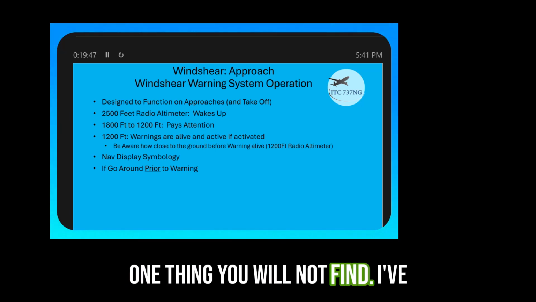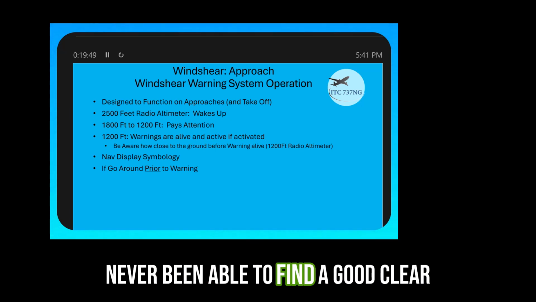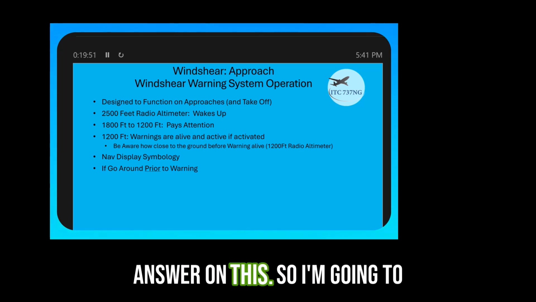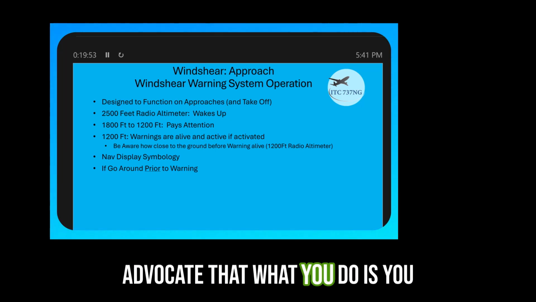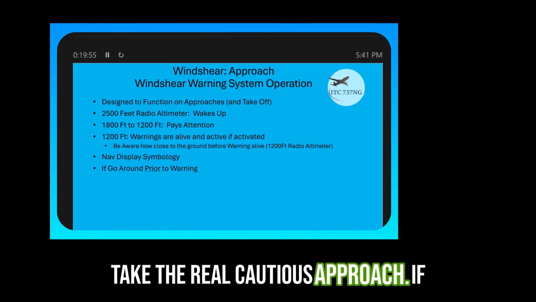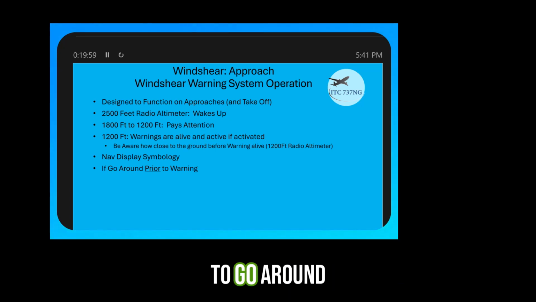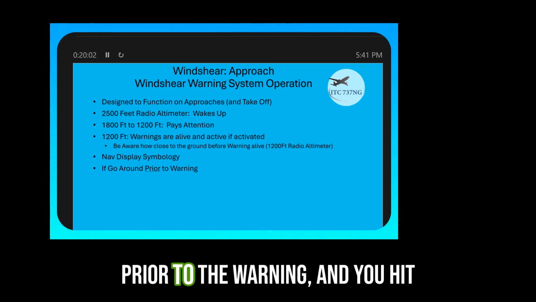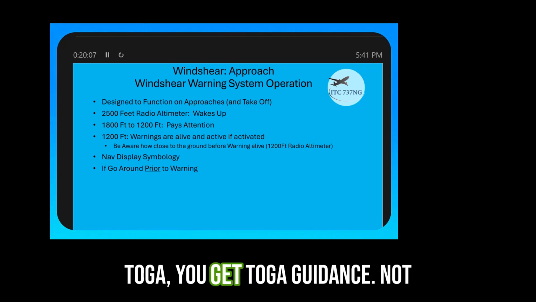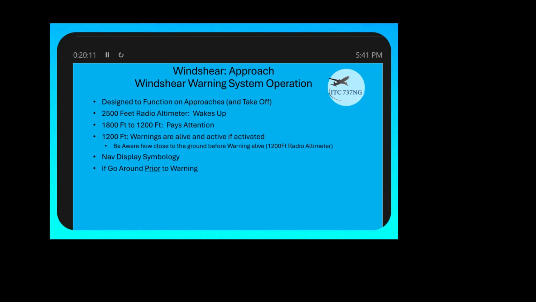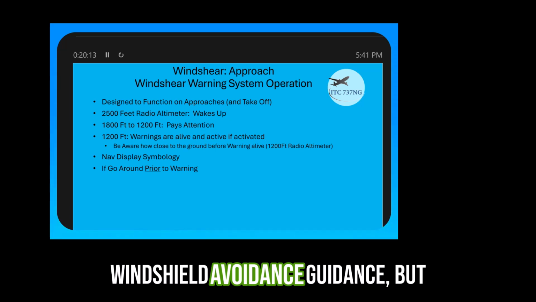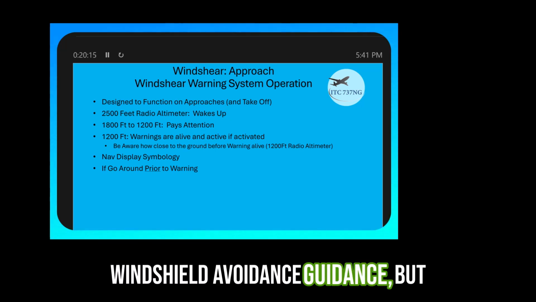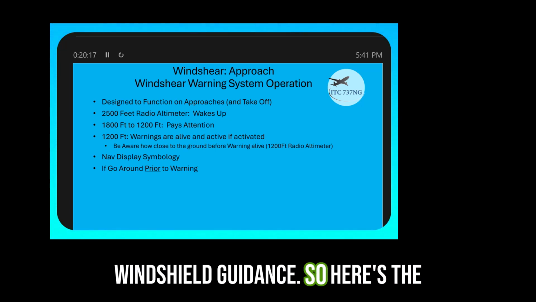Now, here's one thing you will not find. I've never been able to find a good, clear answer on this, so I'm going to advocate that you take the real cautious approach. If you decide to go around prior to the warning and you hit toga, you get toga guidance, not Windshear avoidance guidance, but toga guidance.